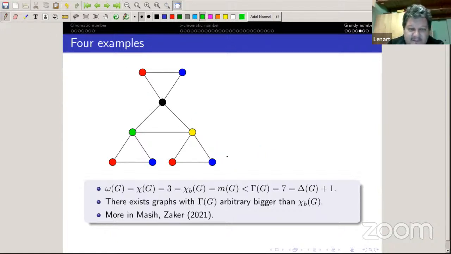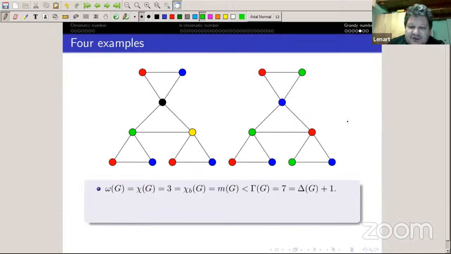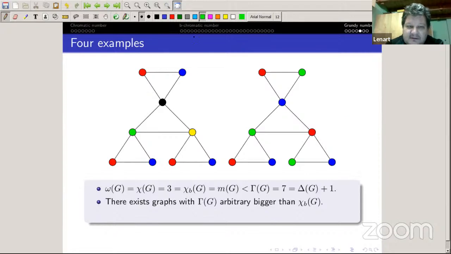This 7 is a mistake. 1, 2, 3, 4, 5. This should be 5. Okay. And the b-coloring is as such. Now, these 3 vertices are, of course, b-vertices. And why is this b-coloring only 3? Because actually m of this G is also 3. It cannot be more.